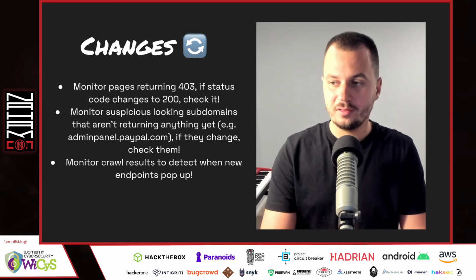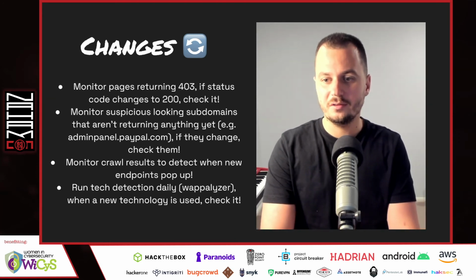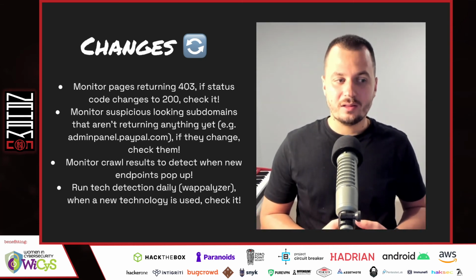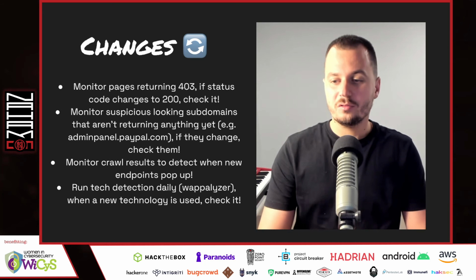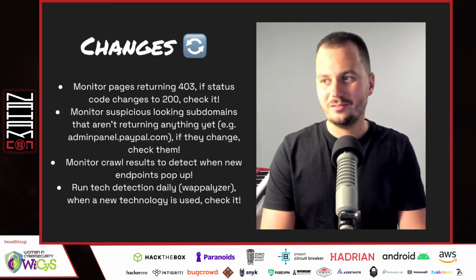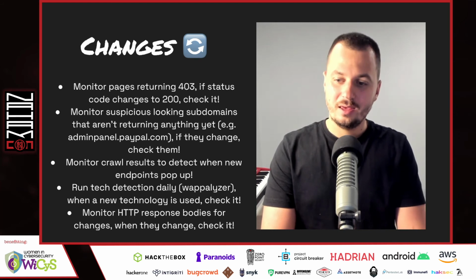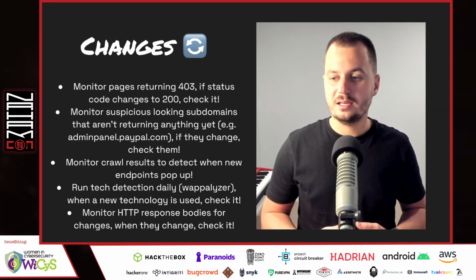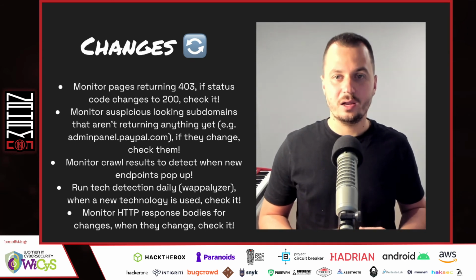There's an edge that I don't think many bug bounty hunters are currently doing. You could run tech detection daily, so something like Wappalyzer, like we already talked about. And when a new technology pops up, you could check that. That's a nice change.